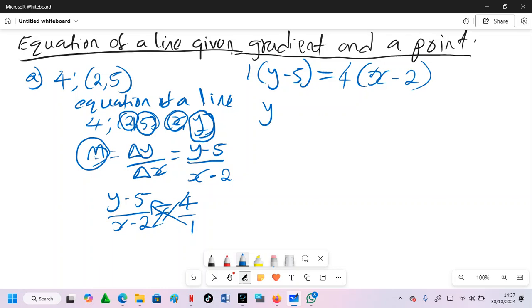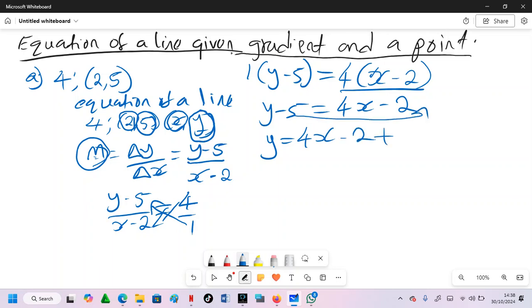So this is y minus 5 equals 4x minus 8. Open the bracket, so y is equal to 4x, and then we have negative 8. This 5 will change sign to positive 5. So our equation is y = 4x minus 3.